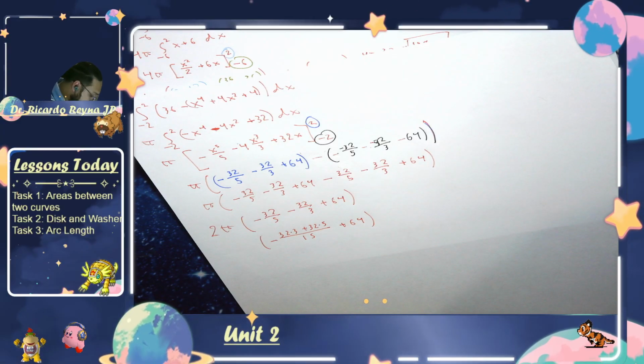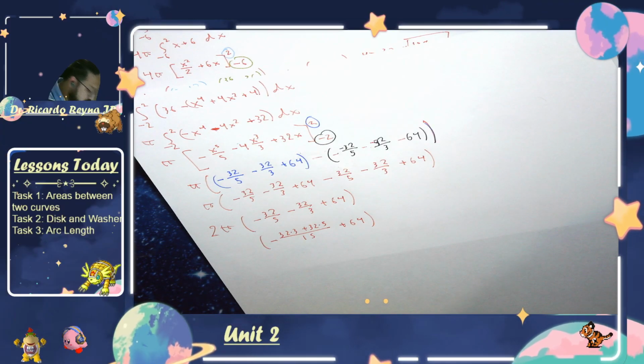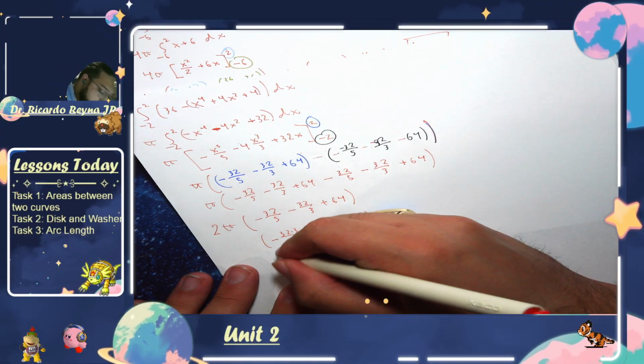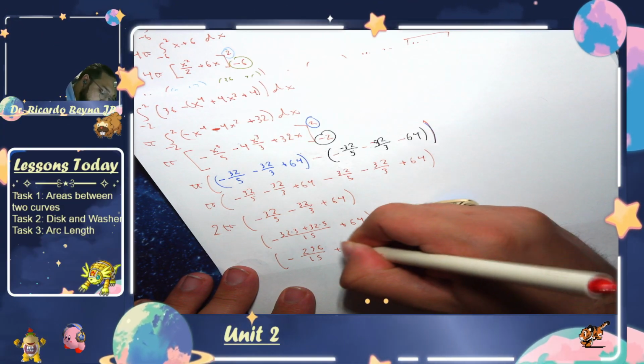Let's see, 32 times 3 plus 32 times 5, 256, yeah. Negative 256 over 15 plus 64.